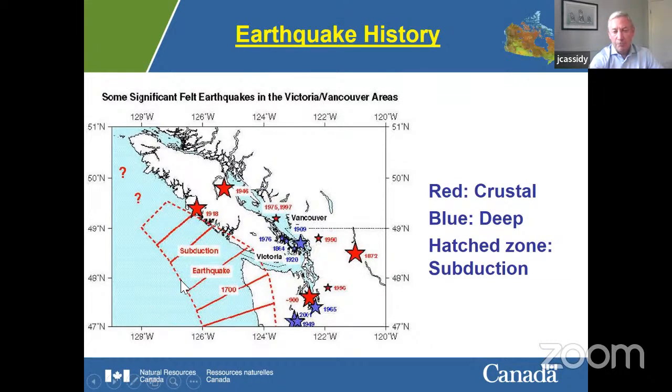That's where the most recent earthquake, in the year 1700, was a magnitude 9 earthquake. That is well described in Indigenous oral history of this region all along the coast, and has been well imaged through geological studies, up and down the coast, both onshore and offshore. So we have a good idea of these types of earthquakes and how often they occur.